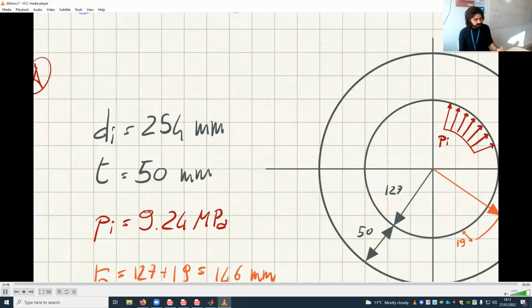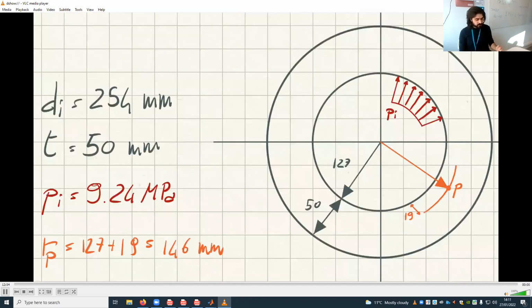We have an internal pressure P_i of 9.24 megapascal applied all inside at 127 radius. And we want to find the state of stress at this point P here, which lies 19 millimeters away from 127. So the radius of P is 146 millimeters.